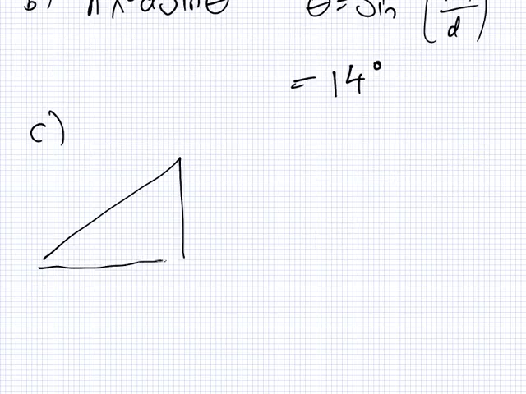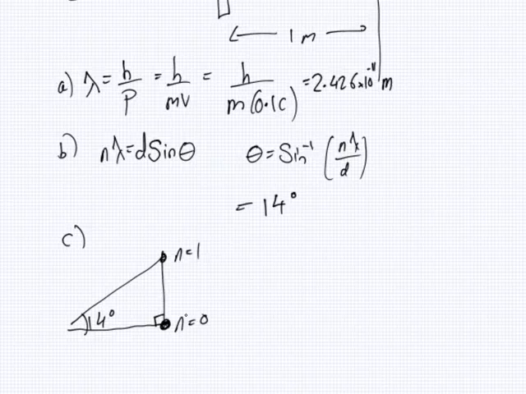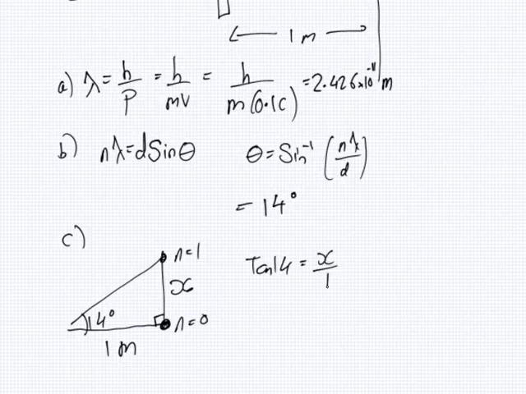In fact, the fringe separation, you could work it out from a triangle. Here is n equals 0, here is n equals 1, and here is 14 degrees. Yeah, there's another formula too we'll use. This is 1 meter. So this one here, we'll call it x. So we can say tan 14 equals x over 1.